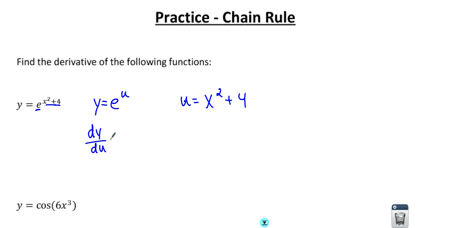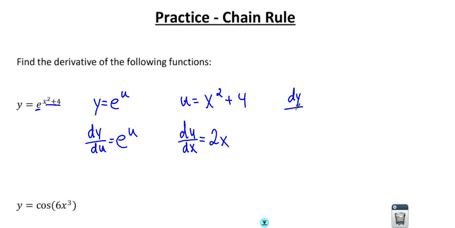So dy over du equals e to the u, because the derivative of e to the u is e to the u. Then du over dx is going to be the derivative of x squared plus 4, which is 2x. Then we multiply to find dy over dx.